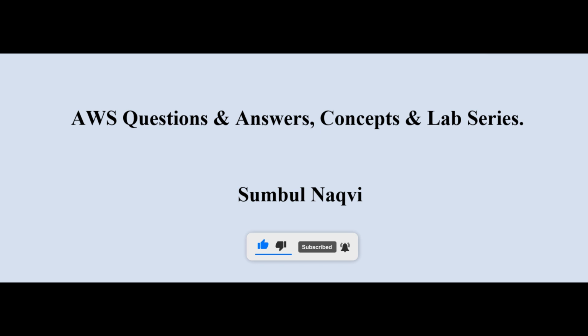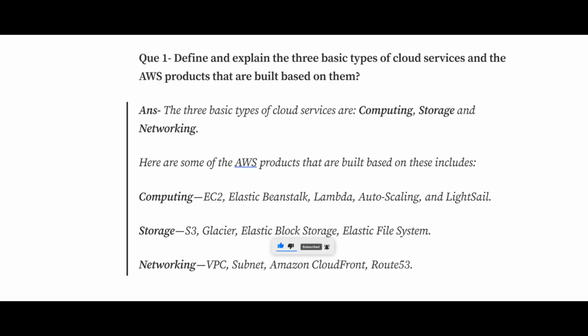Question number 1. Define and explain the three basic types of cloud services and AWS products that are built based on them. The three basic types of cloud services are first computing services, then storage services, and finally networking services.